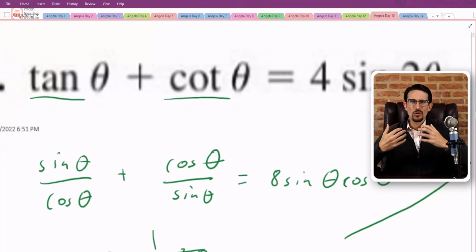I also want to point out that there's a very fundamental difference between the skills needed to be successful in pre-calculus and the skills needed to be successful in calculus. Pre-calculus, in my opinion, is sort of the pinnacle of algebra. It is the most intense, rigorous, difficult algebra that you're going to do as a high school student. The problems are long.